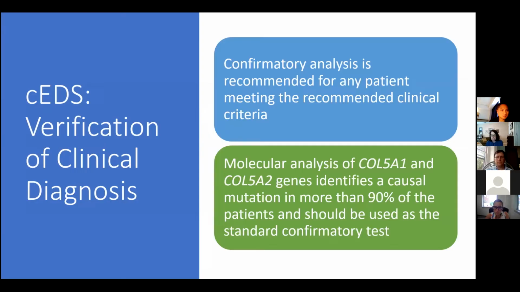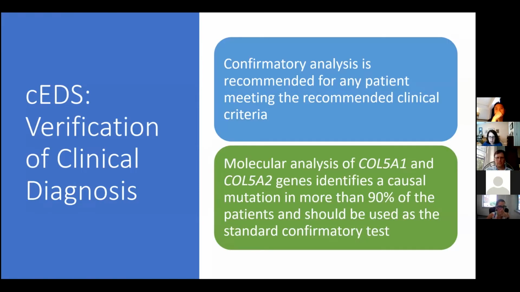So for classical EDS, confirmatory analysis is recommended for any patient meeting the clinical criteria. And we look at the genes COL5A1 and COL5A2. And molecular analysis of those 2 genes should find a causal mutation in more than 90% of patients with classical EDS.